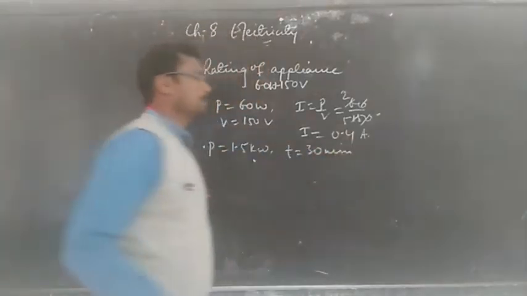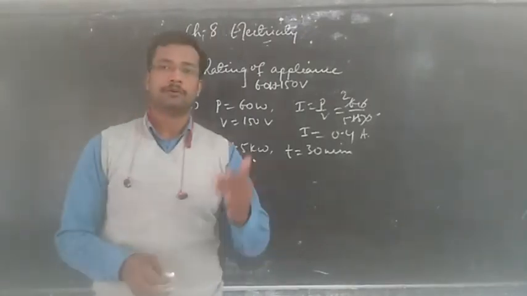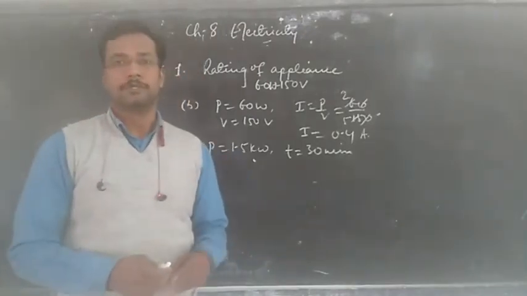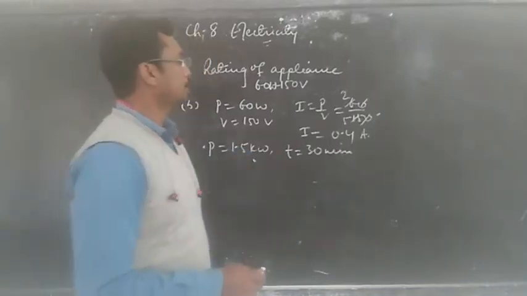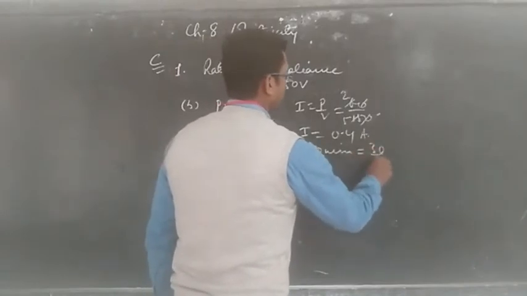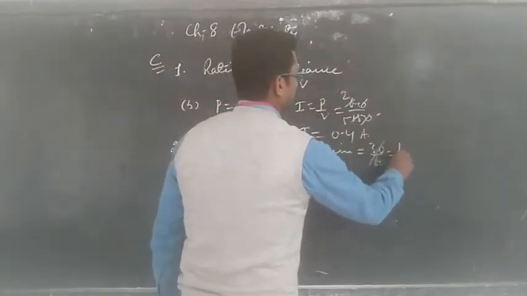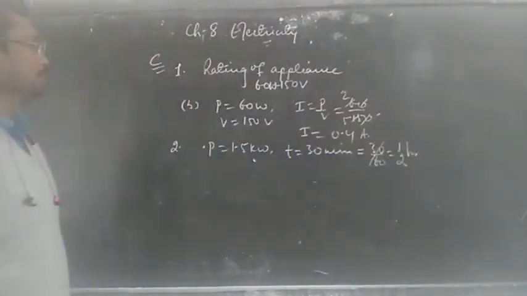To get the electrical energy in kilowatt hour, we have to convert this time from minutes into hours by dividing by 60. We got 1 by 2 hour.